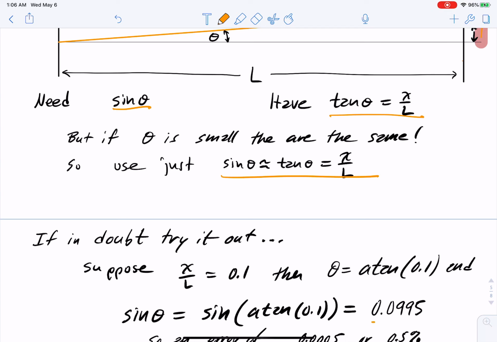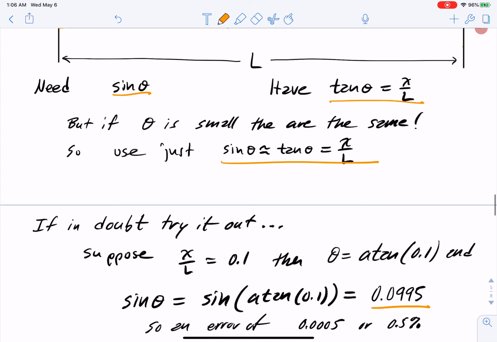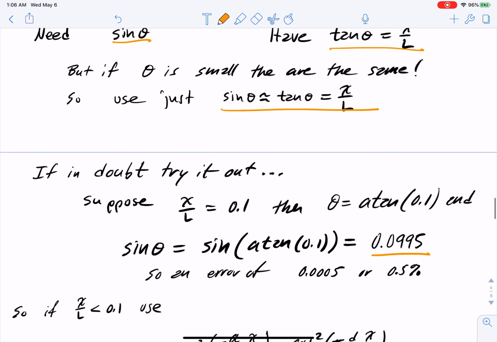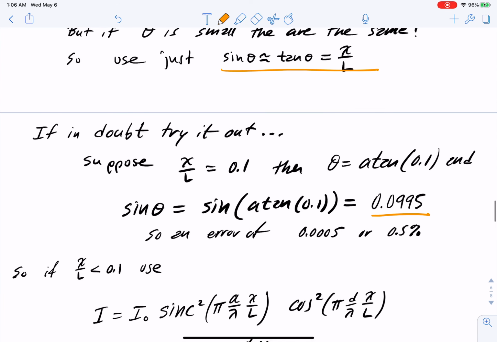So if you do that, you find that you get something very close to x over L. It's off by 5%. So the moral of the story is, if x over L is less than a tenth, then we simplify our equation.